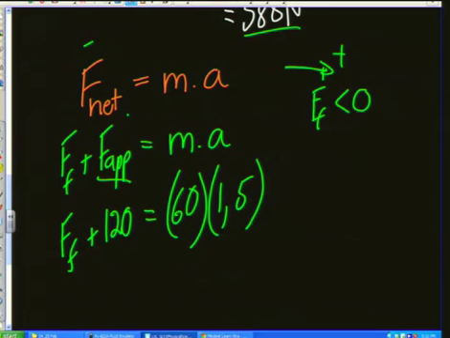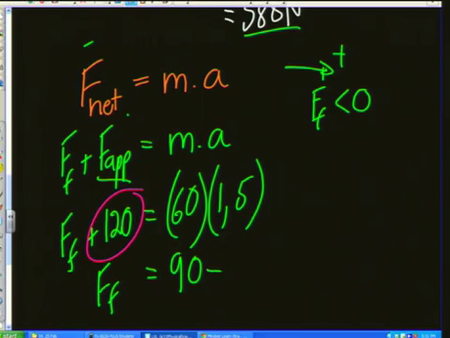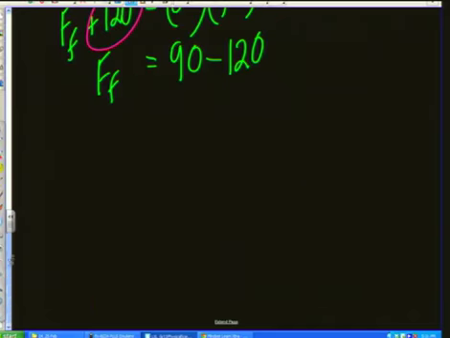We multiply that together and we get 90. Now I want F of friction on its own. So what am I going to do? I'm going to subtract the 120 from both sides and I get minus 120. And the end result is that I can say the force of friction is negative 30 newtons.